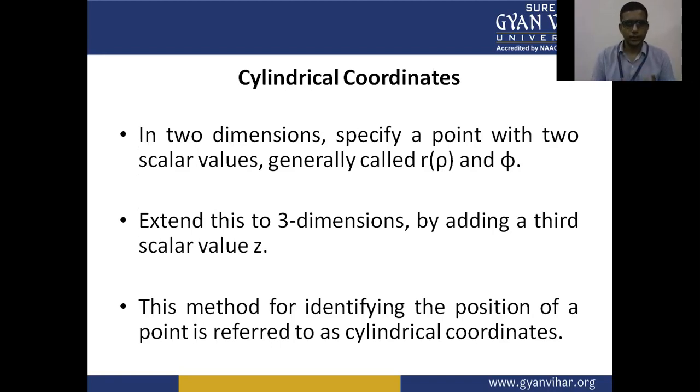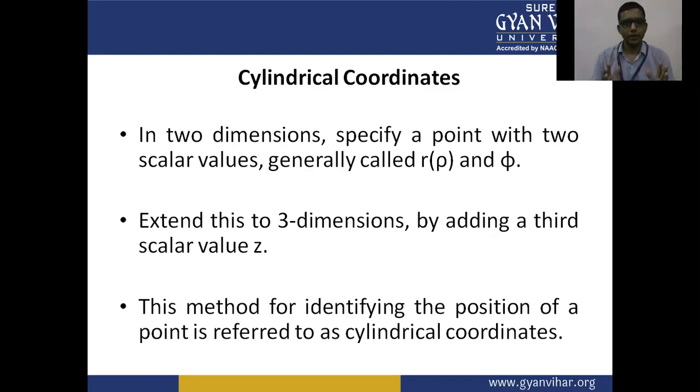We recall the cylindrical coordinate system again because it is a continuation into the spherical coordinate system. So before going to understand the spherical coordinate system, we just recall within 5 minutes the cylindrical coordinate system.